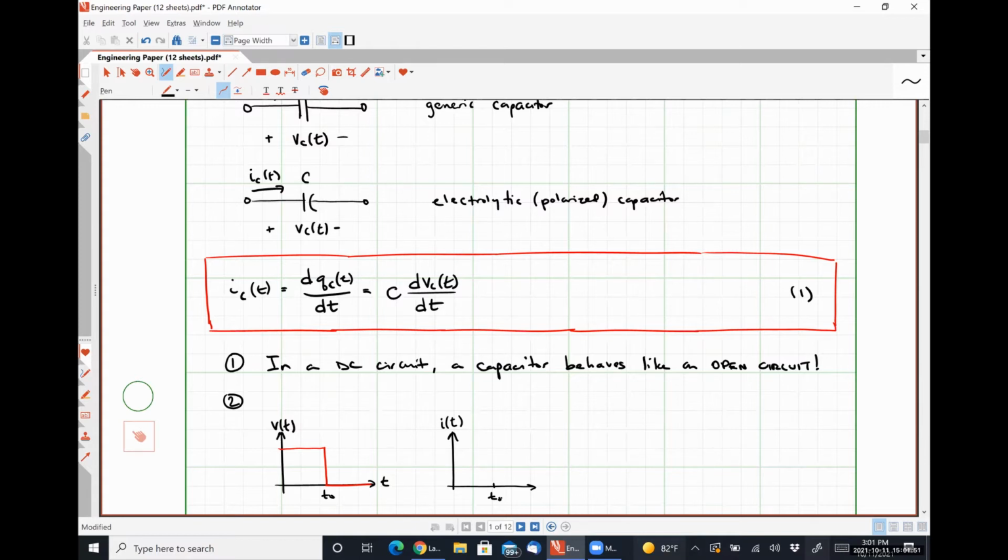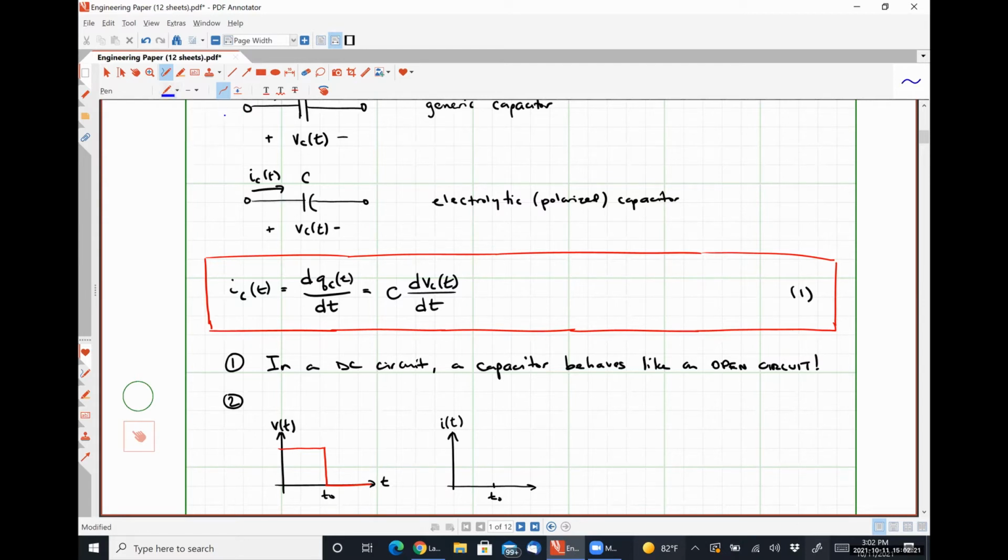Infinitely large, right? So that means that for a capacitor voltage to change abruptly, it would generate an infinite amount of current, which obviously cannot happen because that would be in violation of the law of conservation of charge, right? We cannot generate or destroy an infinite amount of current in an infinitesimal amount of time.